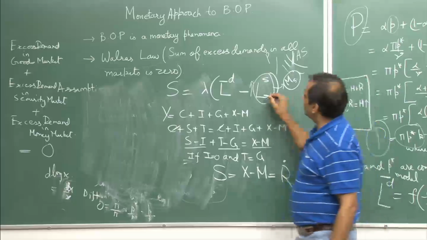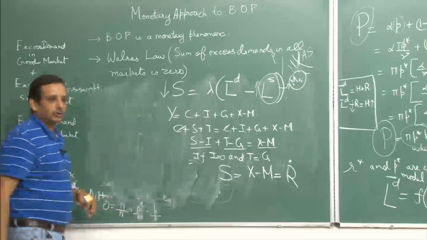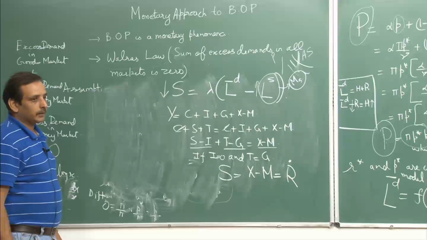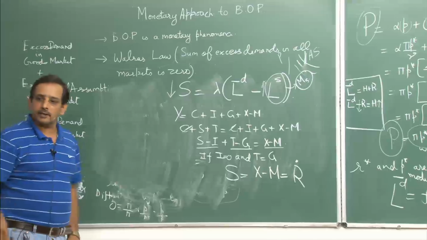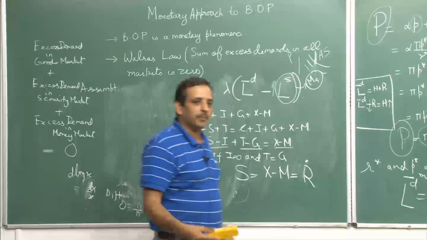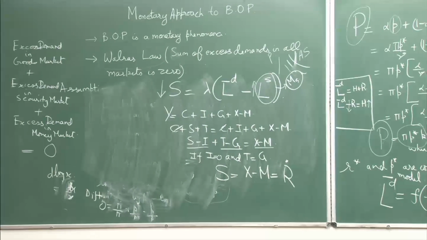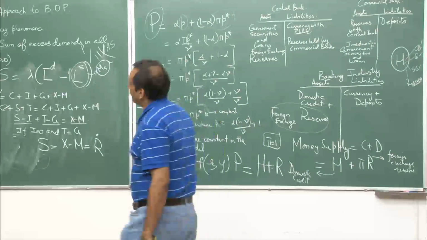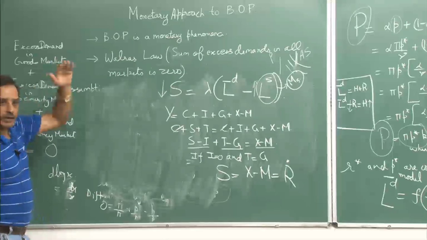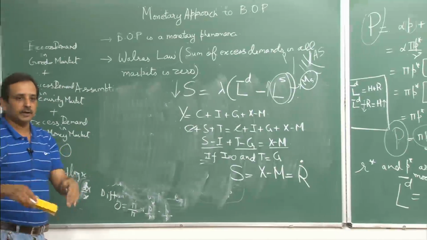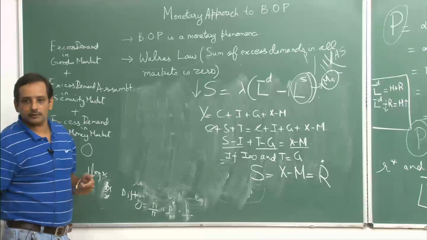So, then if this goes up, the savings goes down. If the savings goes down, then there is an increase in the demand for goods and securities, which is equivalent to saying that you have a balance of payment deficit.